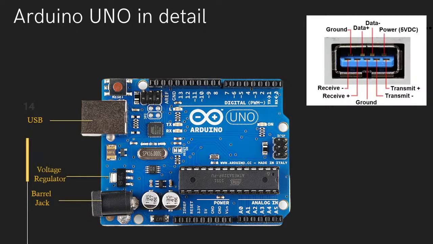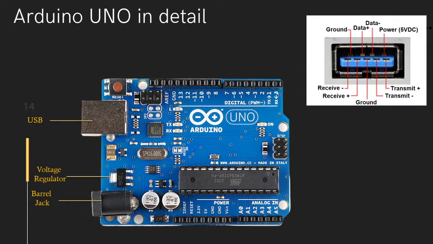Next thing, voltage regulator. Why is there a voltage regulator? Because sometimes we give more than 5 volts to Arduino Uno. Can anybody say what happens if I give more than 5 volts to the Arduino Uno? Yeah, it burns.